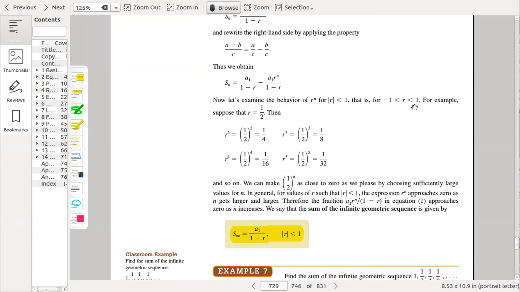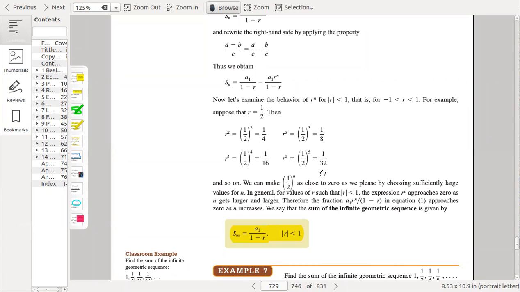What will happen? Suppose that the common ratio is 1 by 2. If the first term is 1 by 2, then the second term will be 1 by 4, then 1 by 8, 1 by 16. If you observe, the coming terms are getting smaller than the existing terms.